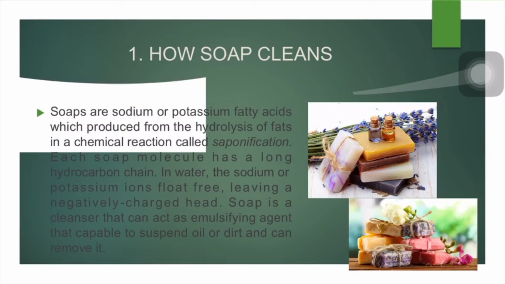Each soap molecule has a long hydrocarbon chain. In water, the sodium or potassium ions float free, leaving a negatively charged head. Soap is a cleanser that can act as an emulsifying agent, capable of suspending dirt so it can be removed.